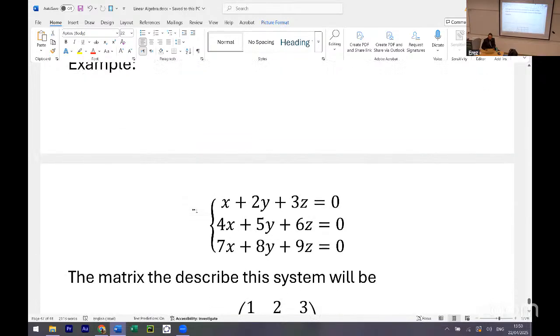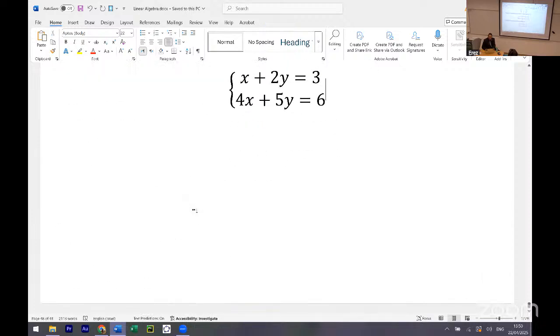So, now another definition. I don't have many more. Well, I do have many more, but for this subject, definition.